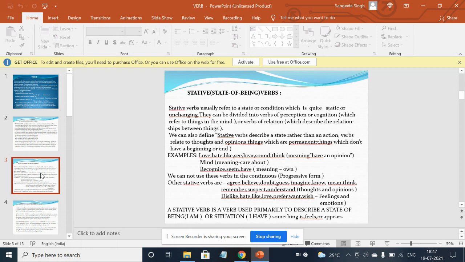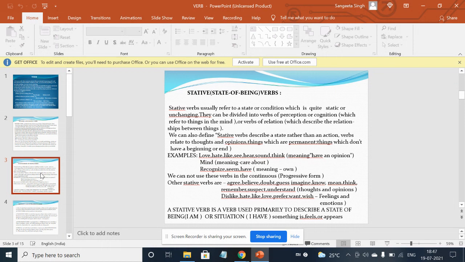Now, state of being verbs. Stative verbs usually refer to a state or condition which is quite static or unchanging. They can be divided into verbs of perception or cognition, which refer to things in the mind, or verbs of relation, which describe the relationships between things.